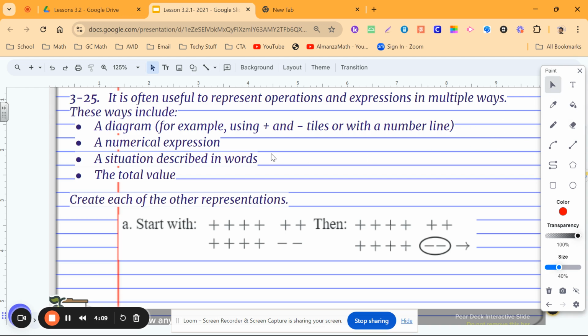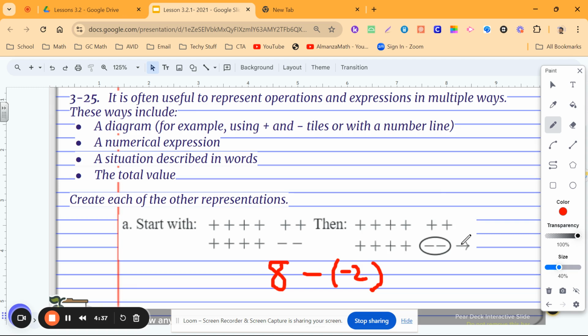Okay, and the questions are going to be laid out on our notes. So let's see if you can tell what's going on here. What is this subtraction problem? And what you should have gotten is we're starting with 8. Okay, so we have 8 positives here, and then 2 0 pairs. That gives us 8. And we are subtracting 2 negatives.